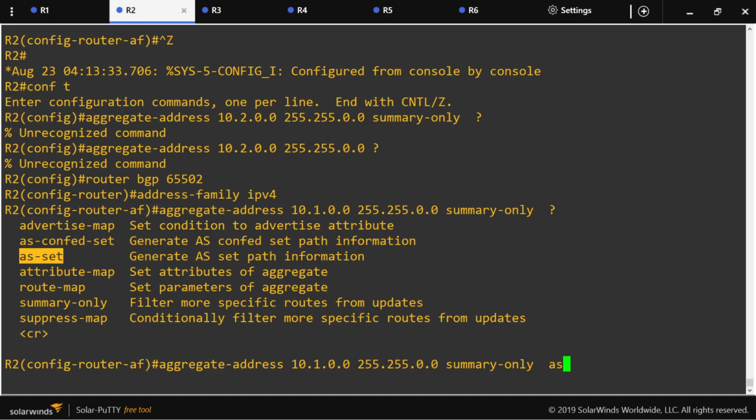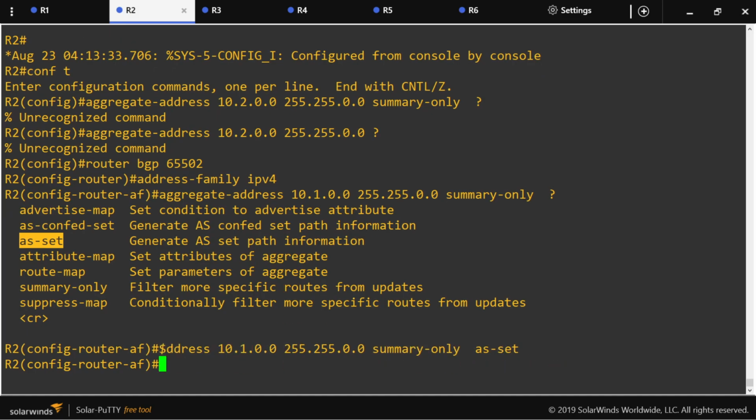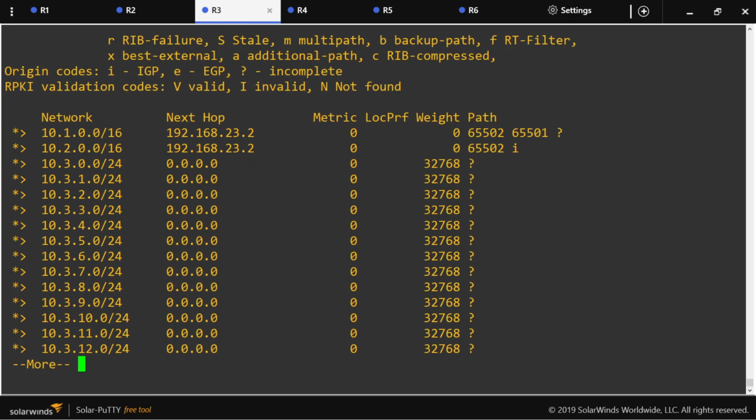So what happens if I enter this and I issue this command again?